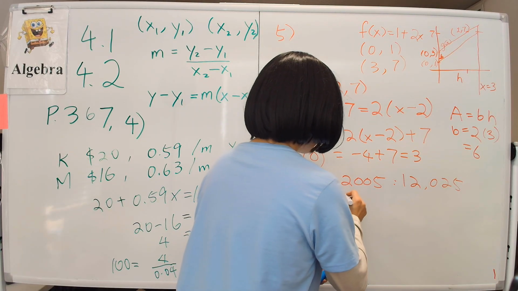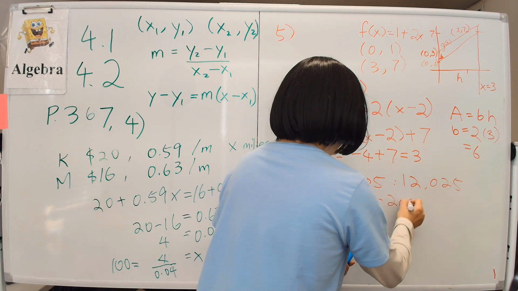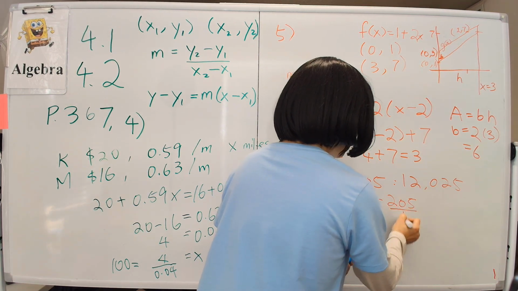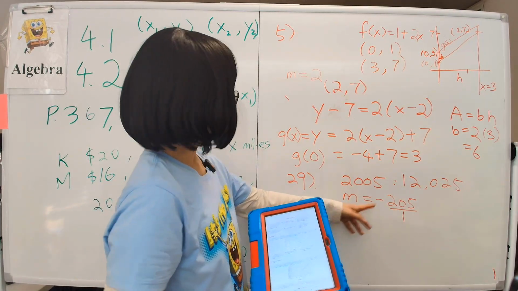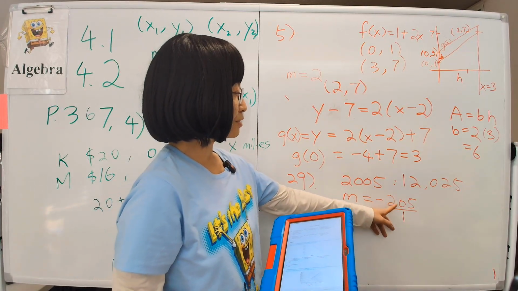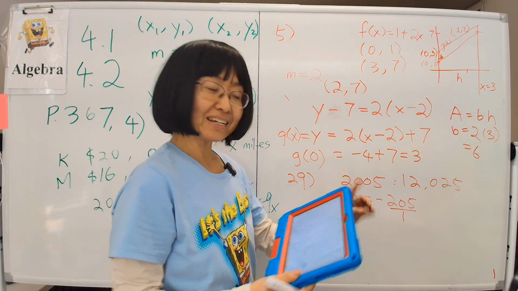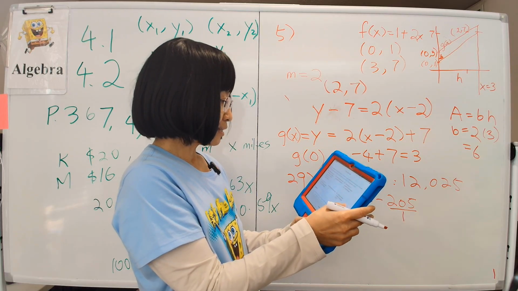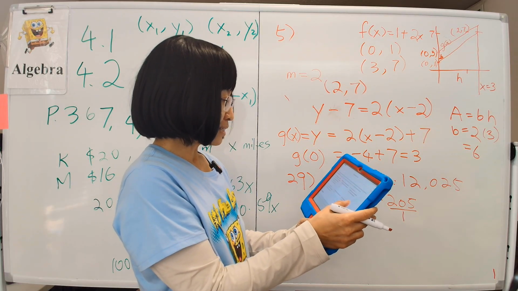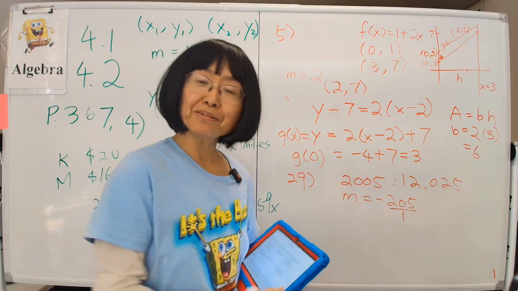So m equals negative 205, divided by 1 year. So the rate of change, y2 minus y1 over x2 minus x1 is 1 year, so that is m, the value. That's all the information we have. The question is, when will 0 people catch codes?